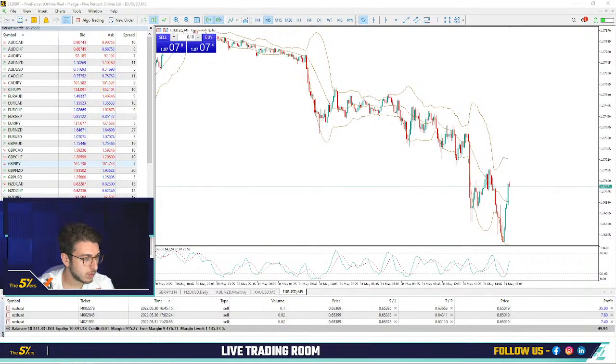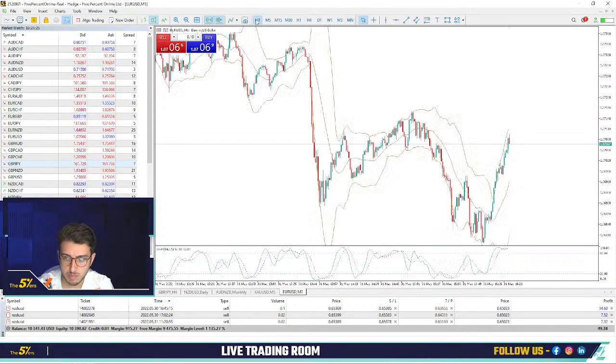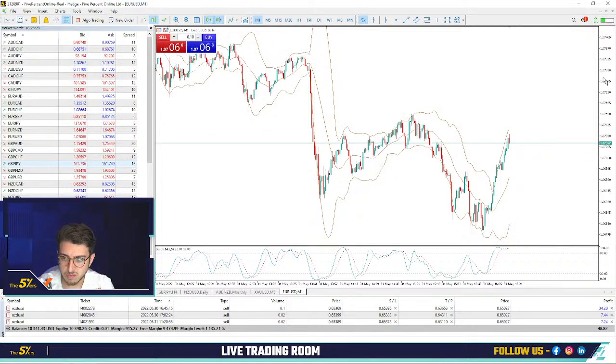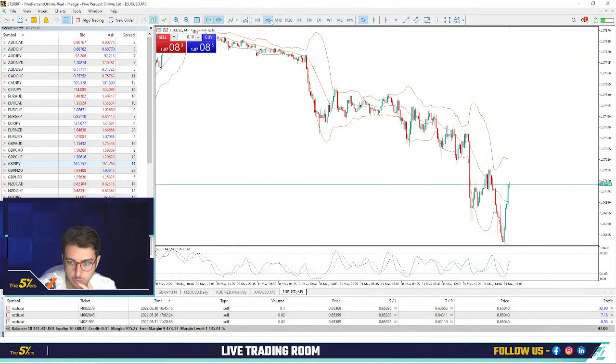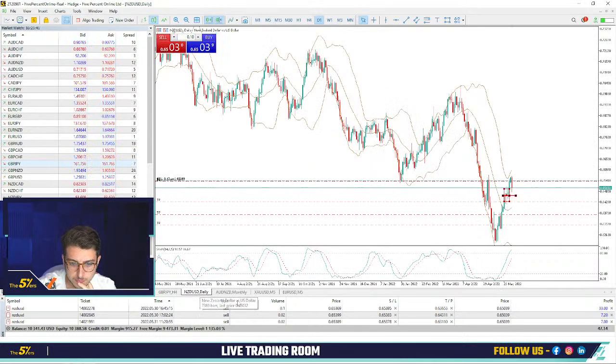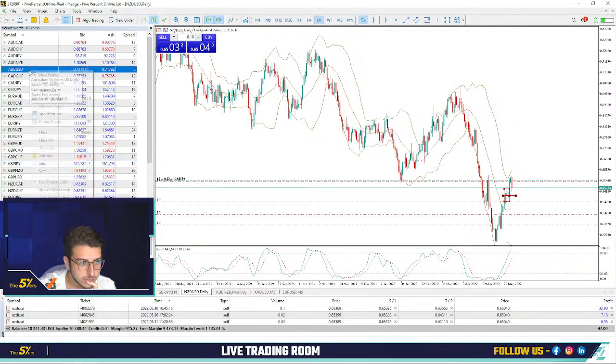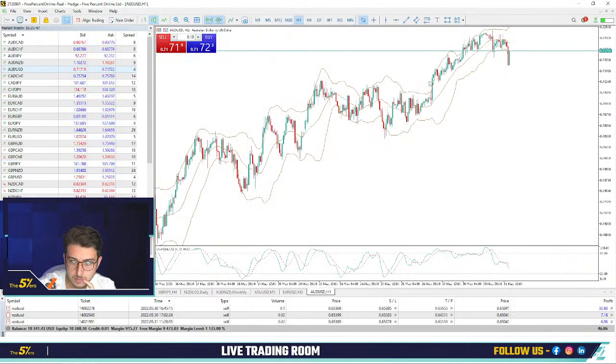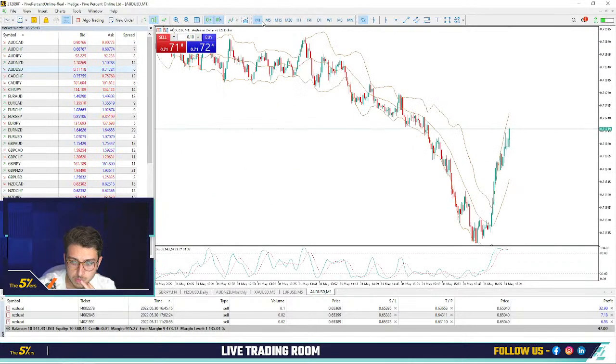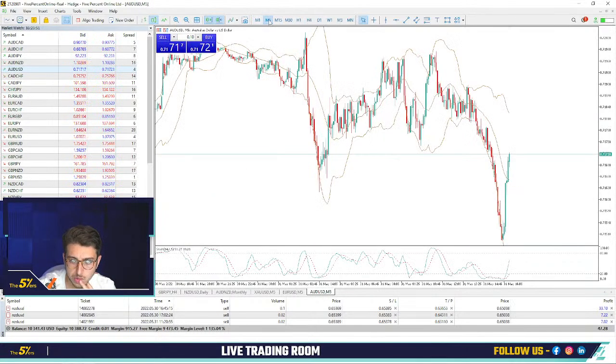I want to check if maybe there might be some good spot for a short scalp. I don't want to commit here. Oh, this is quite huge here.